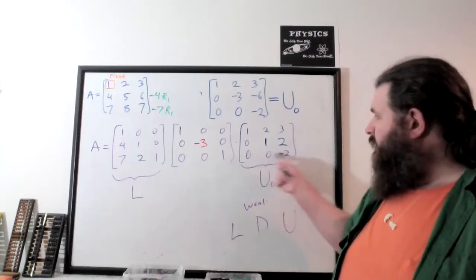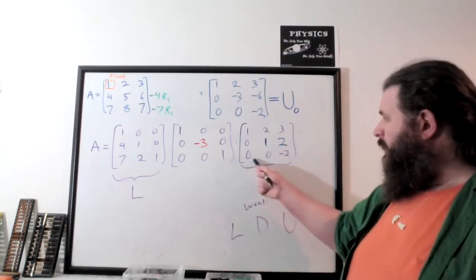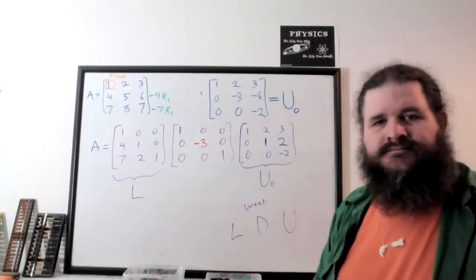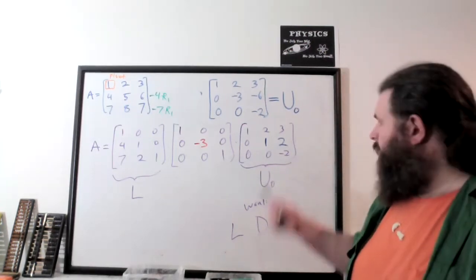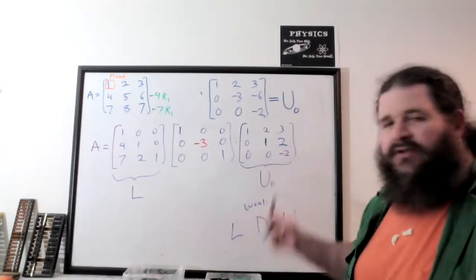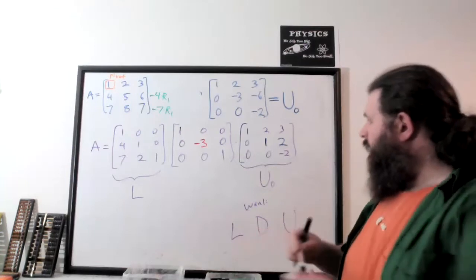And then we can do effectively the same thing with the third row. What do we want to get rid of from the third row? Yeah, we want to get rid of the -2. So we're going to divide the entire third row by -2. But where do we put that -2?